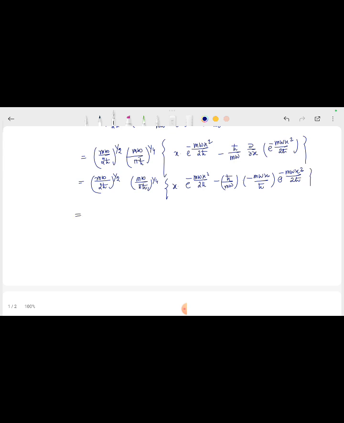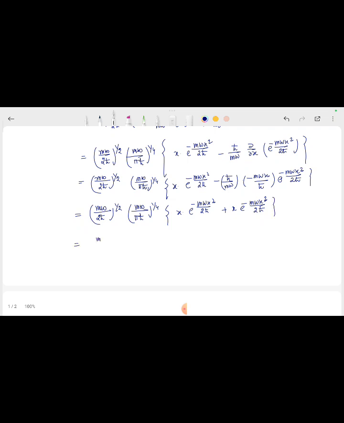So finally we get a very beautiful result: mω upon 2ħ whole to the power half, mω upon πħ whole to the power 1 by 4, x into e to the power minus mω x square upon 2ħ plus the second term, which cancel each other, so we get x into e to the power minus mω x square upon 2ħ.